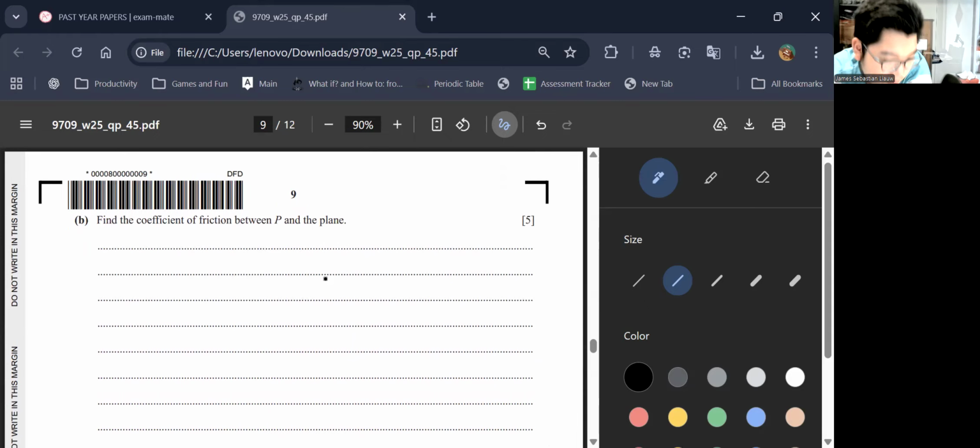This leads to the follow-up question: find the coefficient of friction between P and A. Now we consider the motion of P. P moves downwards.